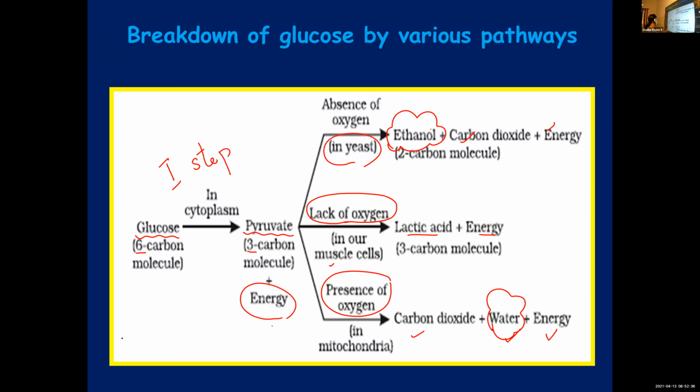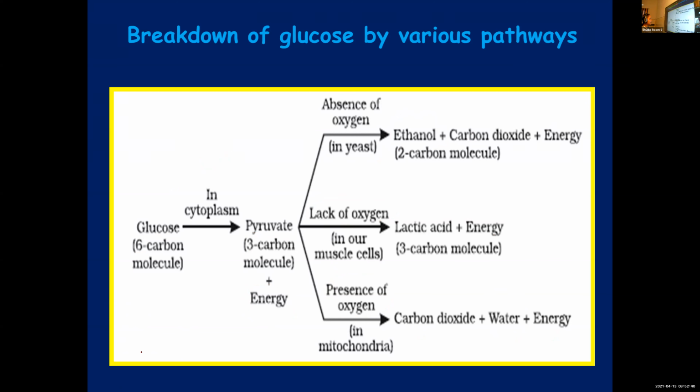I'll repeat once again the points we already learned. The first step in both aerobic and anaerobic respiration is the breaking down of glucose into pyruvate, which takes place in the cytoplasm. Glucose has 6 carbon atoms, pyruvate 3 carbon atoms.